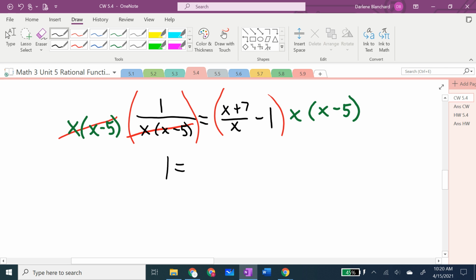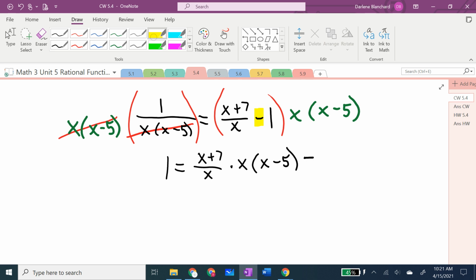Now, be careful on the other side. You have to distribute the multiplication over that subtraction. So I have x plus 7 over x multiplied by x times x minus 5.